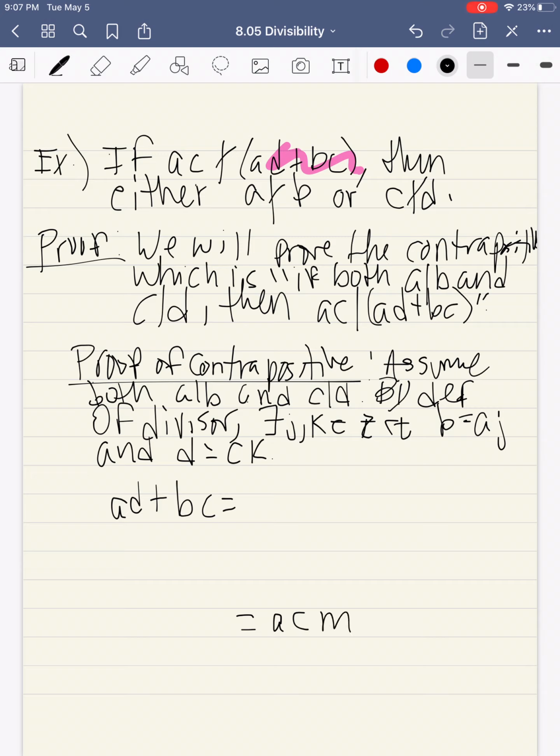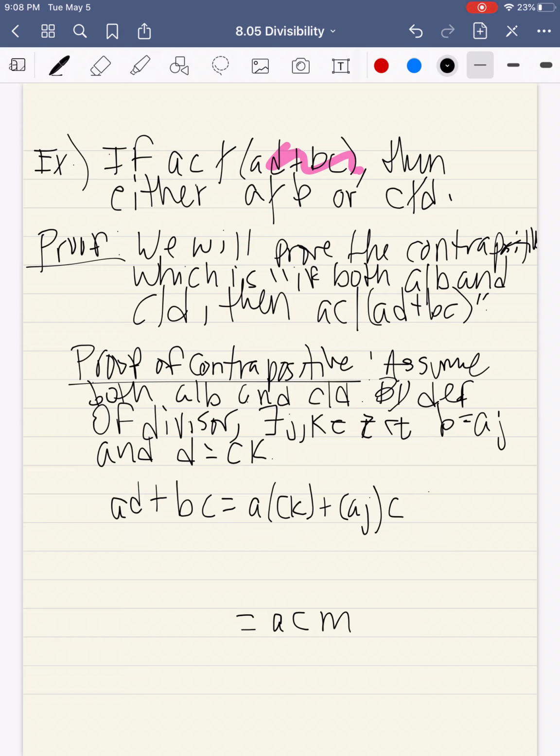So we want to work our way into here. So I know what B and D are equivalent to. So I'm going to go ahead and sub those in. So I get A times CK plus AJ times C.